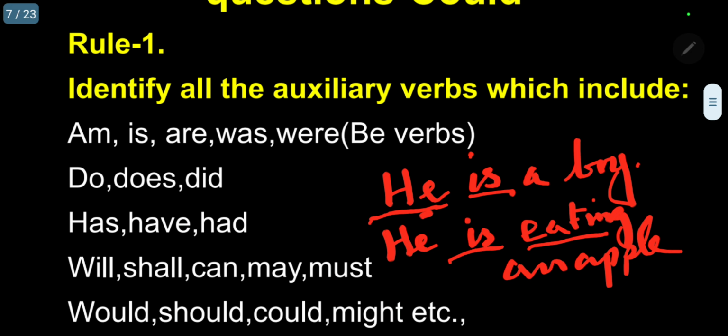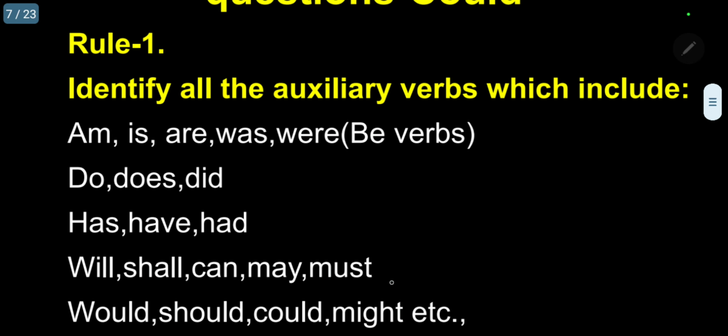I hope you understand. The first primary auxiliary verbs will act as a main verb as well as an auxiliary verb. Whereas with the 4th and 5th types, say for example, will, you can add any subject, say, I will.